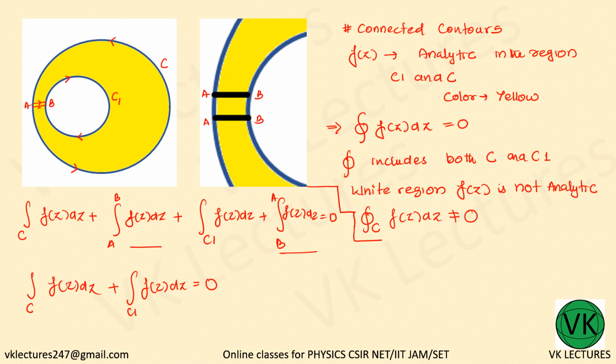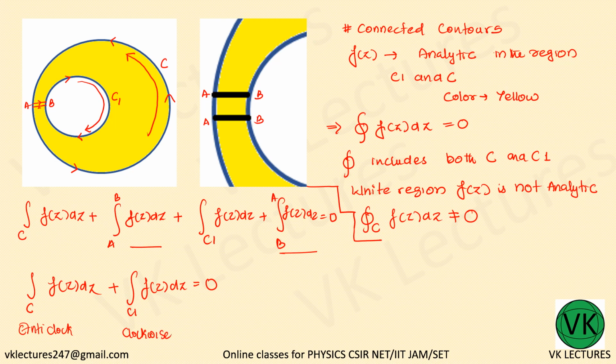Now you understand that C is in the anti-clockwise direction, while the integral over C1 is in the clockwise direction, it moves in this direction, while the contour C is in the opposite direction, that is anti-clockwise.